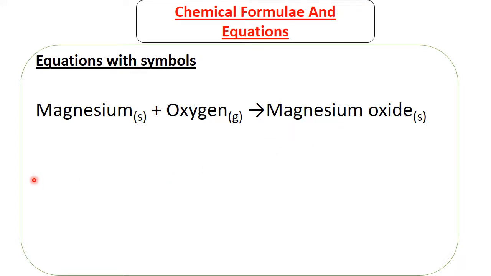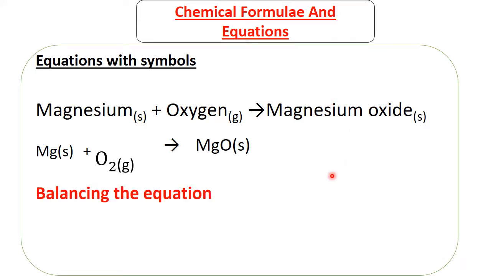With that being said, this word equation can be written as an equation with symbols like this. Magnesium with a state symbol S, plus oxygen, which is O2, like I said, with a state symbol G, produces magnesium oxide with a state symbol S. So this is the chemical equation, as we normally call it, for this reaction which is represented by the word equation here on top.